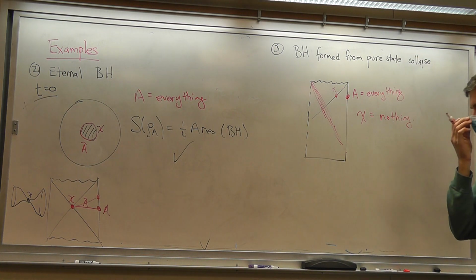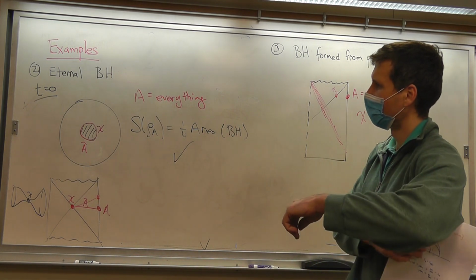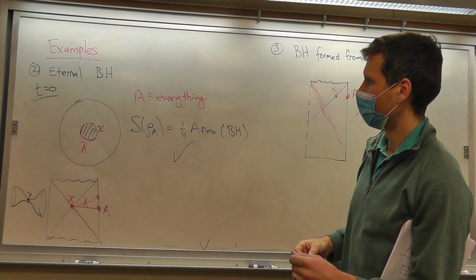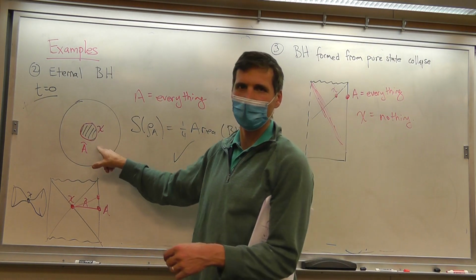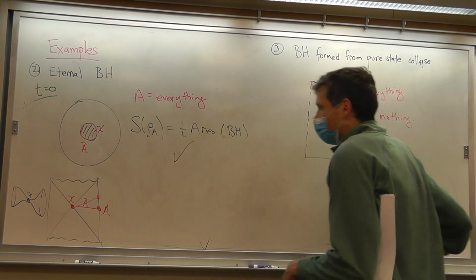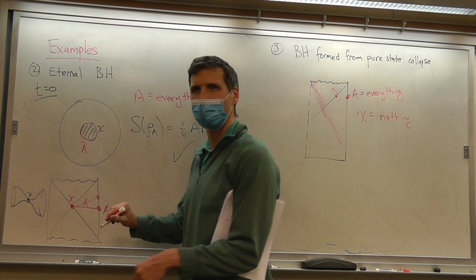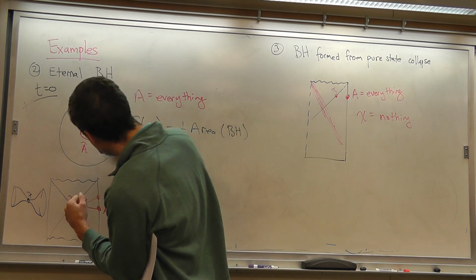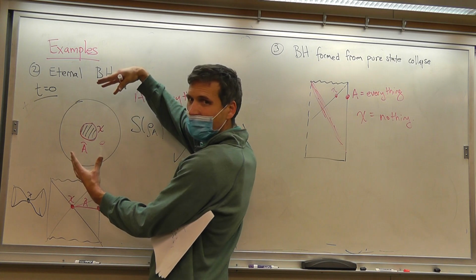So why is that okay here? The nothing surface would not have worked in the eternal case. If you think about the nothing surface and try to grow it, it gets a little bigger, and you keep growing it.